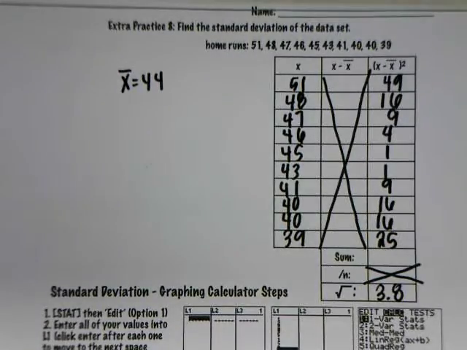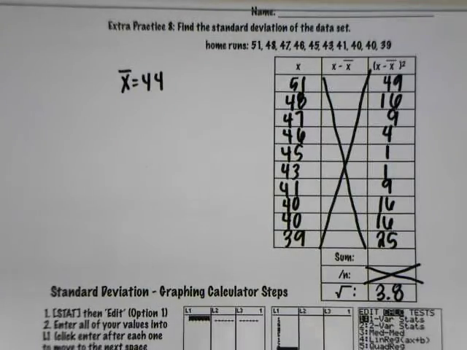Okay. Do you guys get 105 for that? No, did I forget? 146?